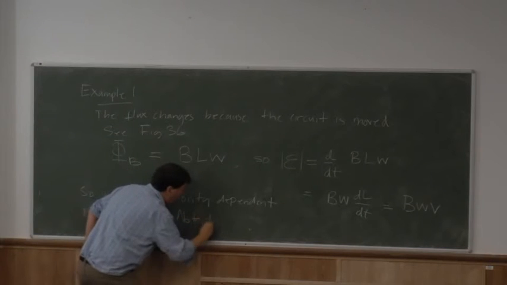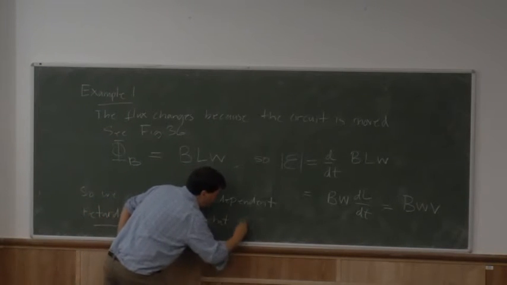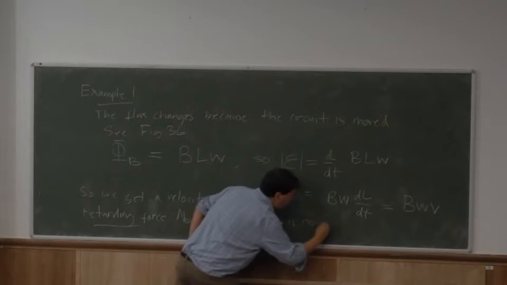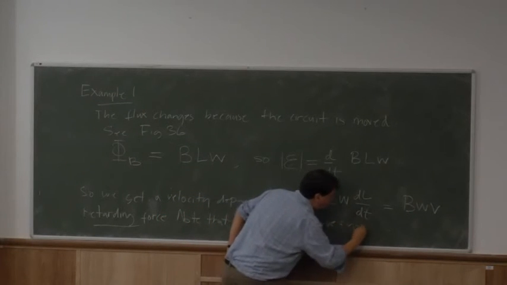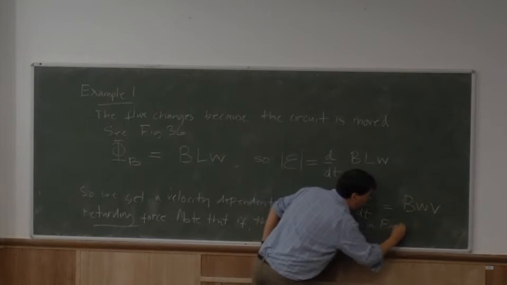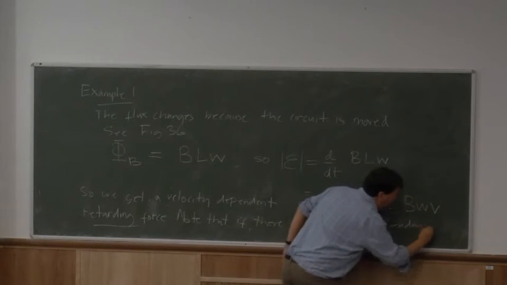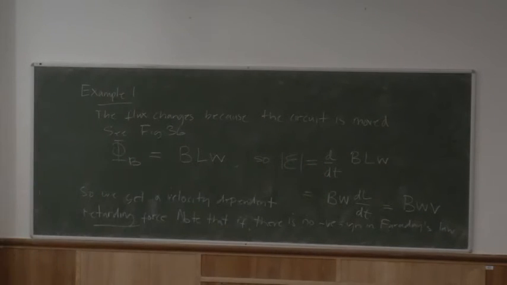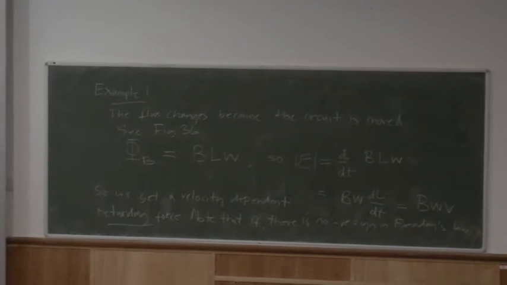Note that if there is no negative sign in Faraday's law, excuse me, this is my usual problem in working in this lecture theatre, the lack of board space. So I'll have to continue on this side.